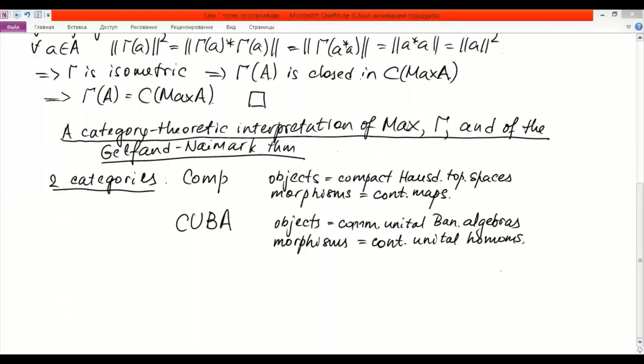And we now consider two contravariant functors between our categories.